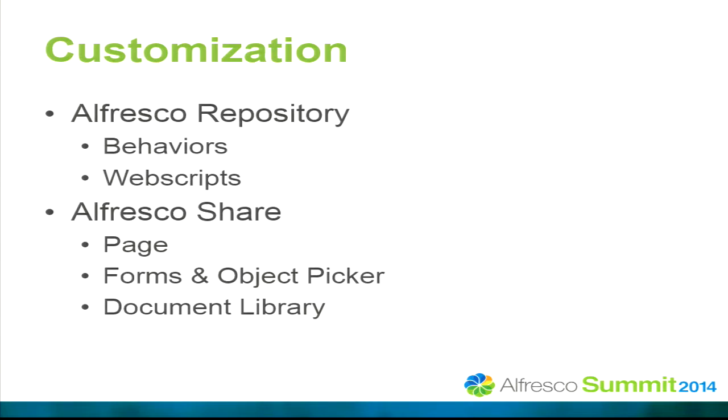Moving to Alfresco Share now, there were several customizations done. One was creating a custom Share page, which is well documented and understood. I think the documentation that Alfresco provides to create custom Share pages is fairly straightforward. There's nothing special about this page.